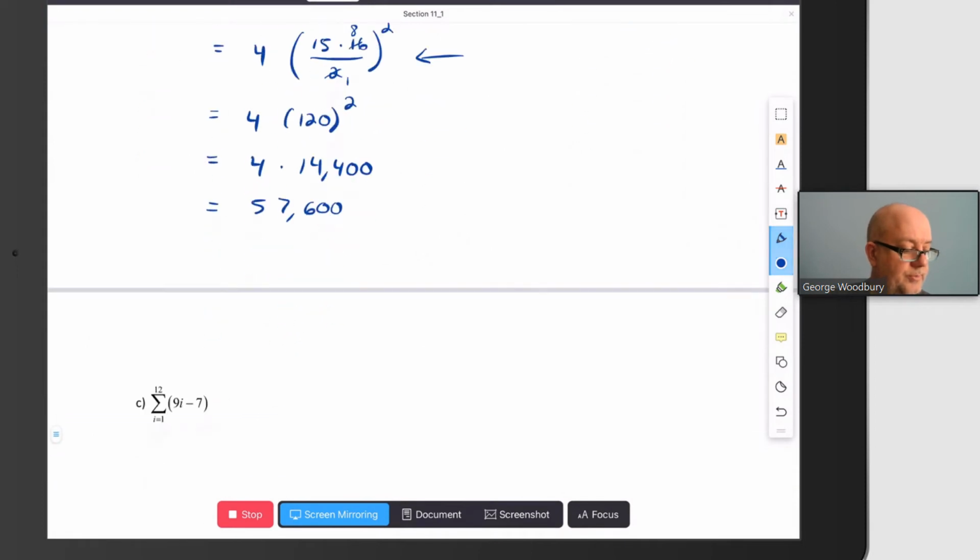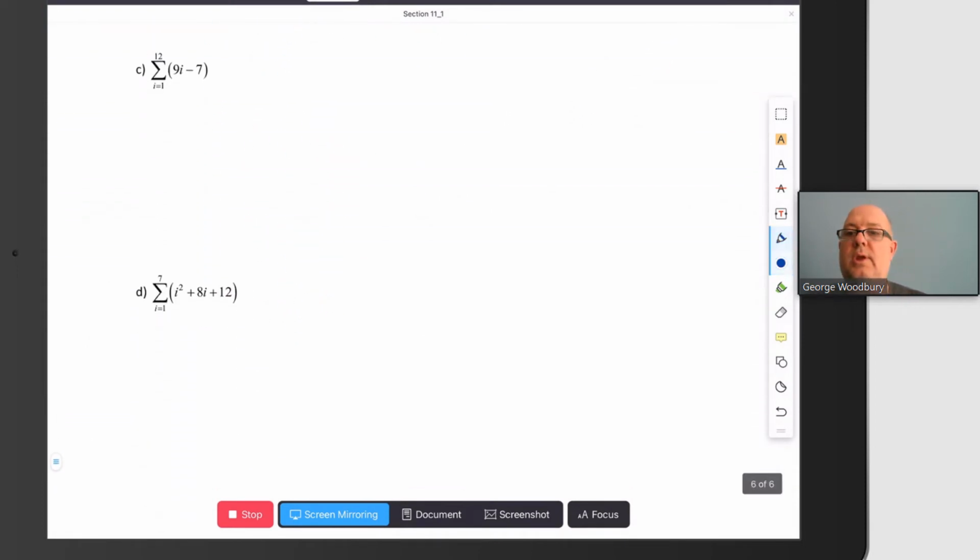Couple more to do. The next one, it's going to be the sum as i goes from 1 to 12 of 9i minus 7. One of the properties tells me that I could break this up into two separate sums. So I could do the sum as i goes from 1 to 12 of 9i minus the sum as i goes from 1 to 12 of 7.